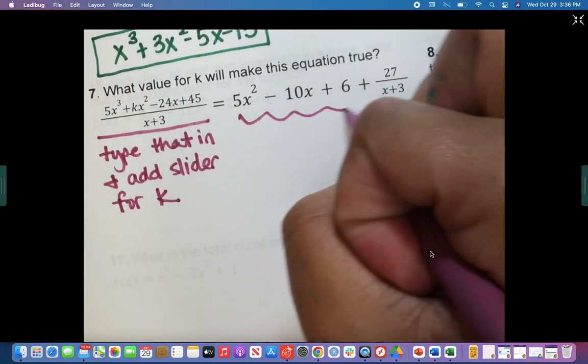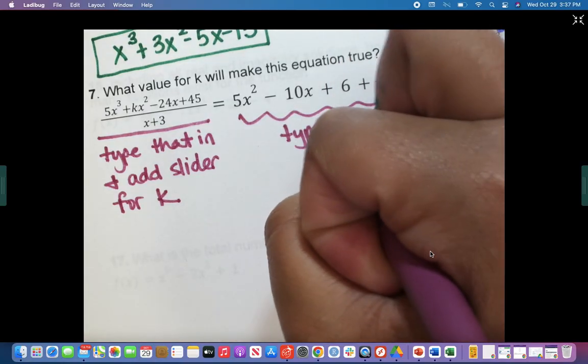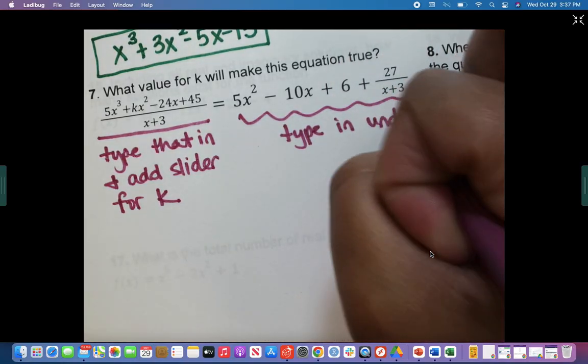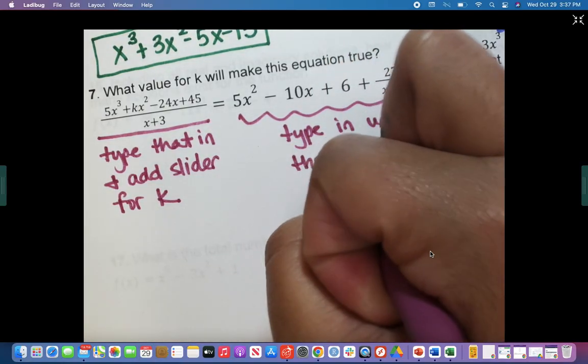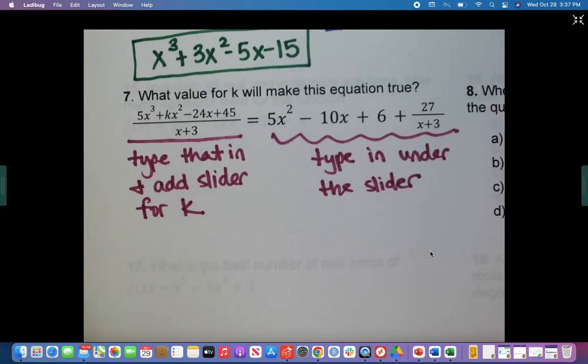You're going to type that in. And then you're going to slide the slider for k until the two graphs match. All right, so that's what I'm about to do.